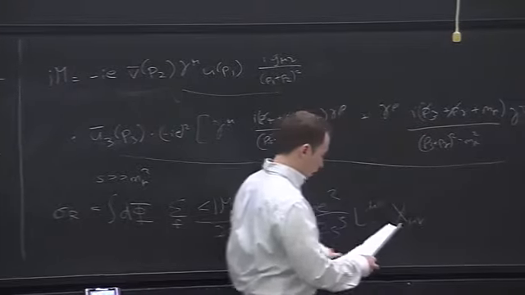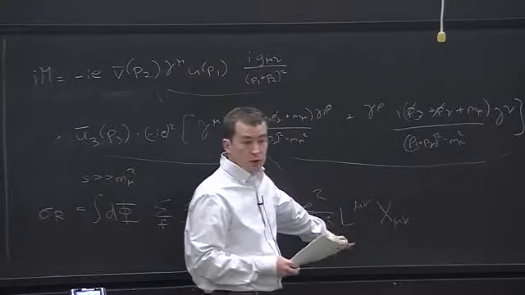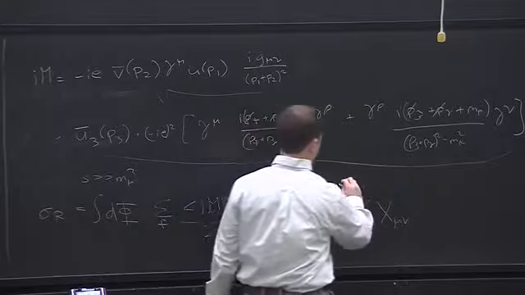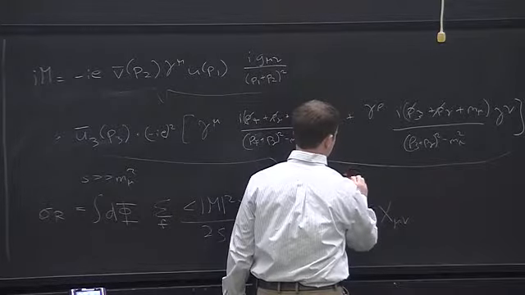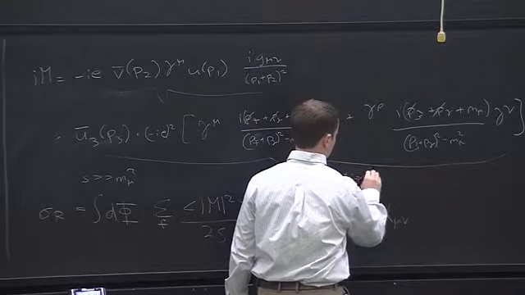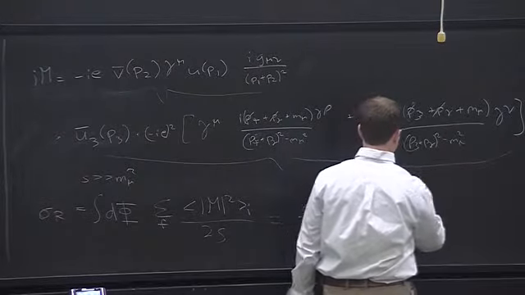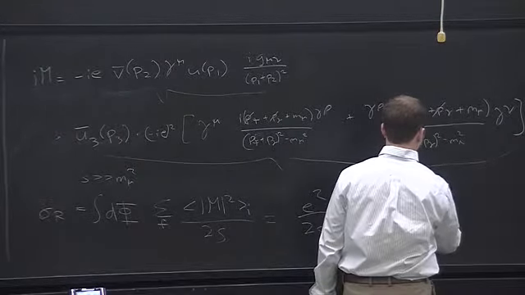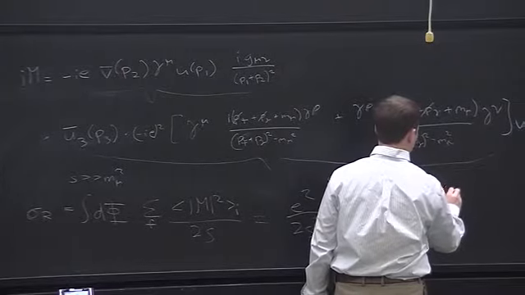This L is going to describe the e+ e- to gamma star, and X will describe the gamma star to mu+ mu- gamma.